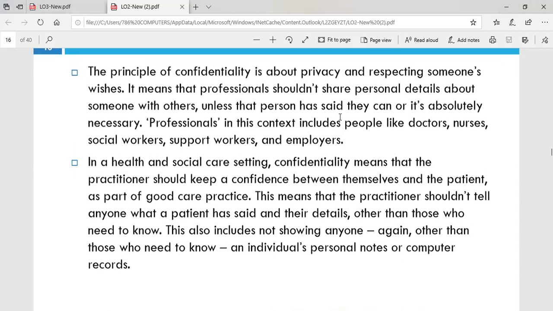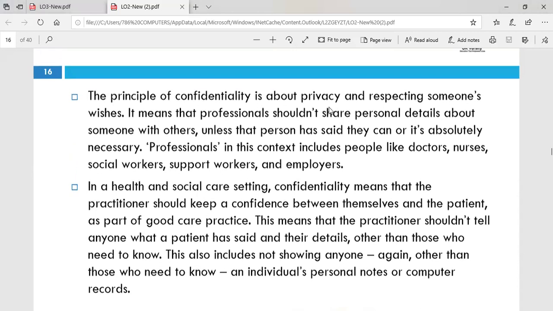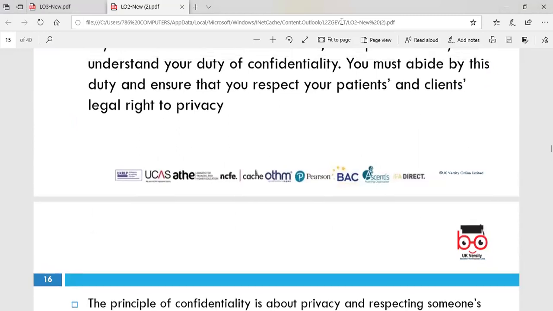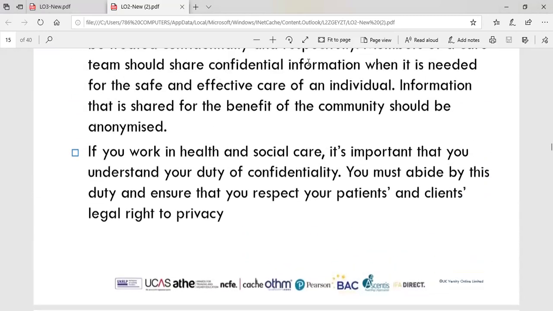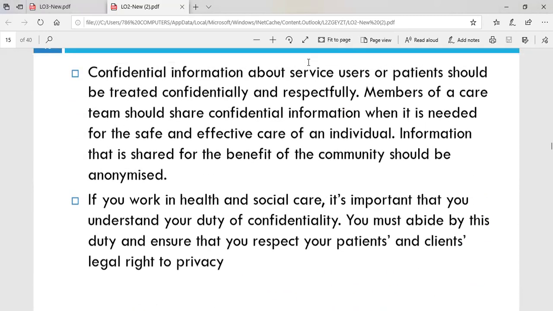So if there's a patient like this, and you're concerned about their safety, whoever needs to know will need to have access to that information. It does not mean that everyone has to have access to that information. No, it is only those who need.